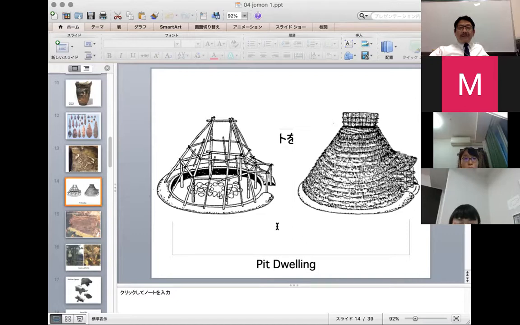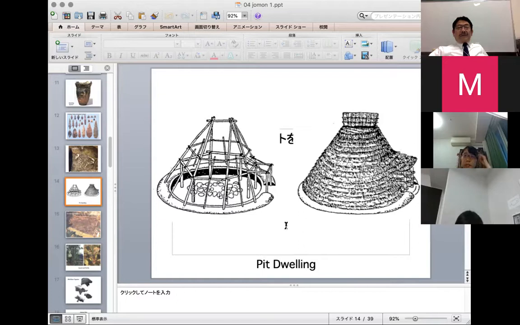And this is the reproduction because we do not have the sure evidence of the upper structure. They're all organic, so normally they are all gone. As you excavate the site, you only find the pit and other sturdy material.